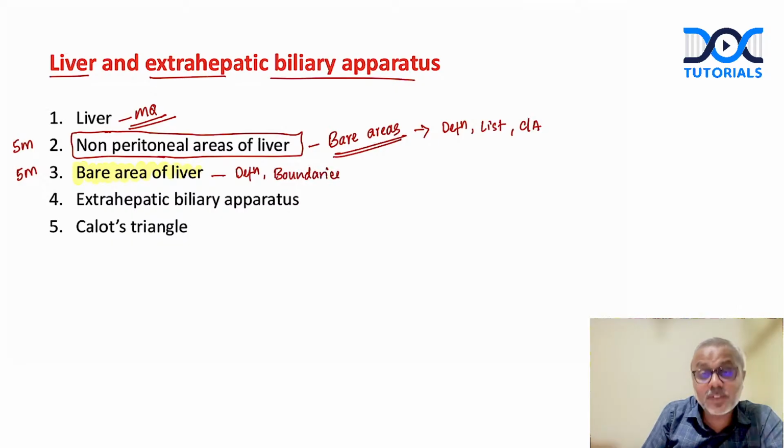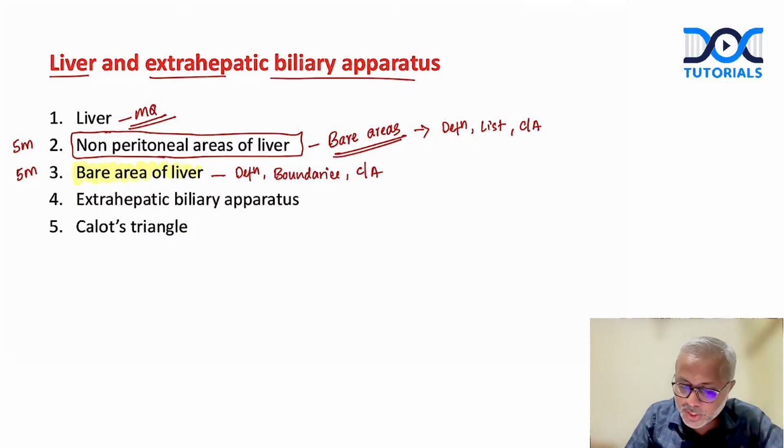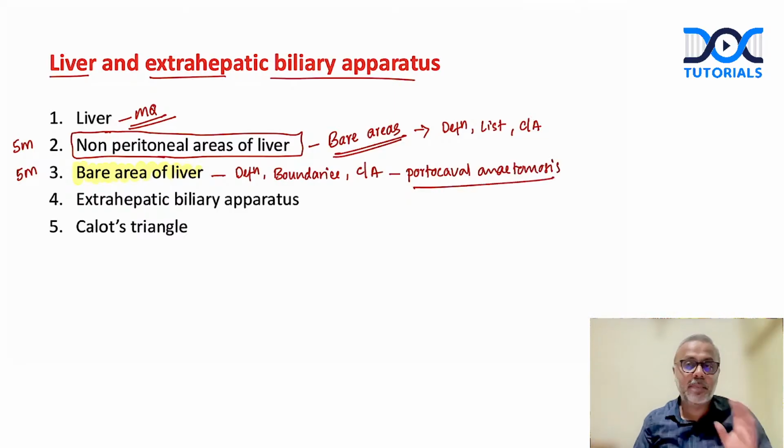What are the boundaries of the bare areas of the liver? And then talk about the clinical anatomy. And in the clinical anatomy, always there is a correlation about the portocaval anastomosis, right? Portocaval anastomosis is one thing that you want to mention as one of the important clinical anatomy of the bare area of the liver, right?